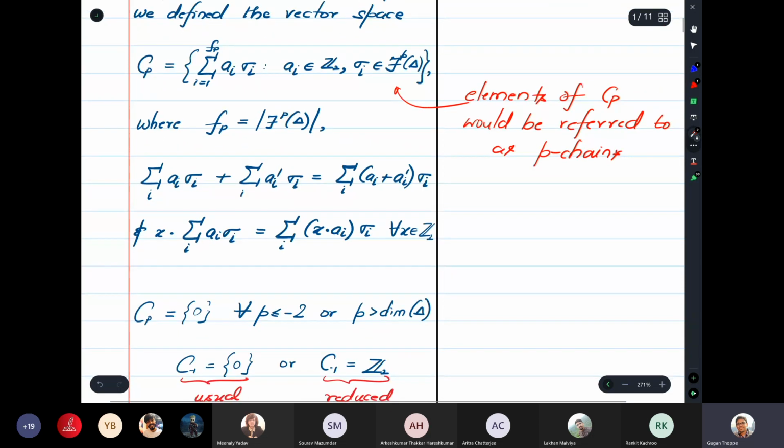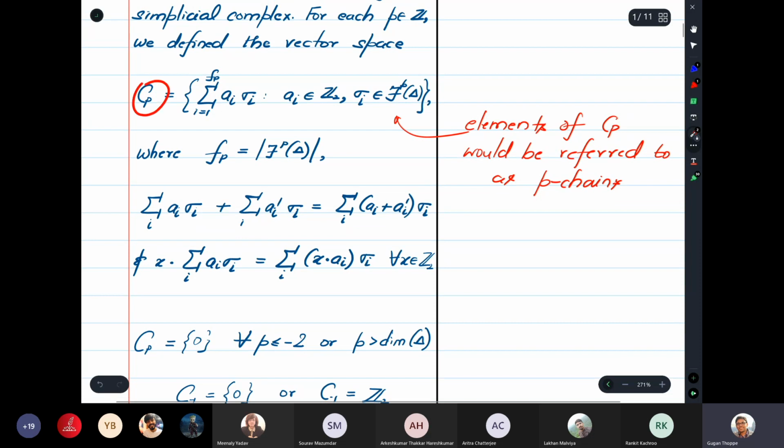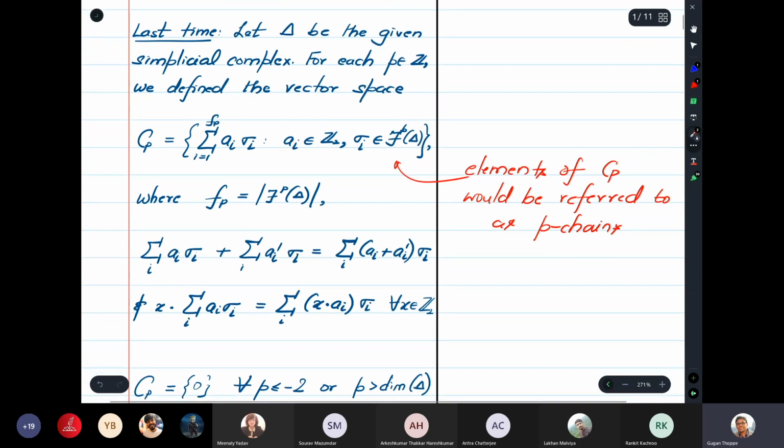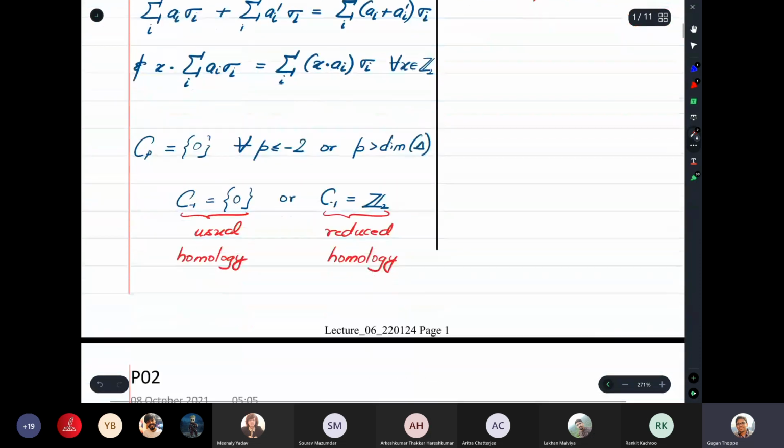And we claim that for this addition and scalar multiplication operation, indeed C_p is a Z2 vector space. That is what we showed last time. And in addition, we also looked at different cases where p is less than or equal to -2, and p is bigger than the dimension of delta.